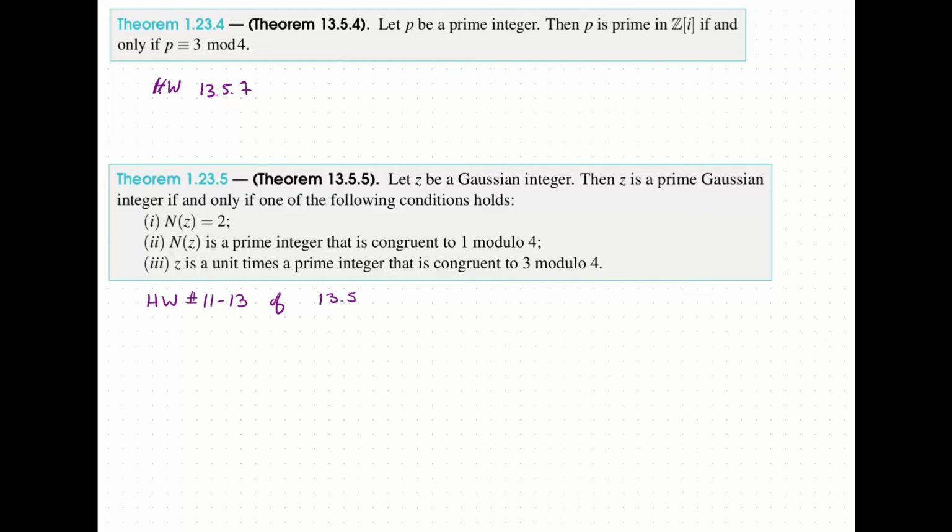And so this is what we call the classification of Gaussian primes. And what we will see in our next lesson is that the proof of Fermat's sum of squares theorem is a consequence of this classification of Gaussian primes.